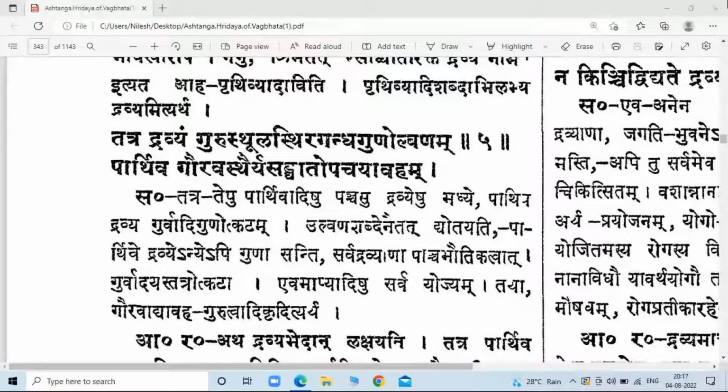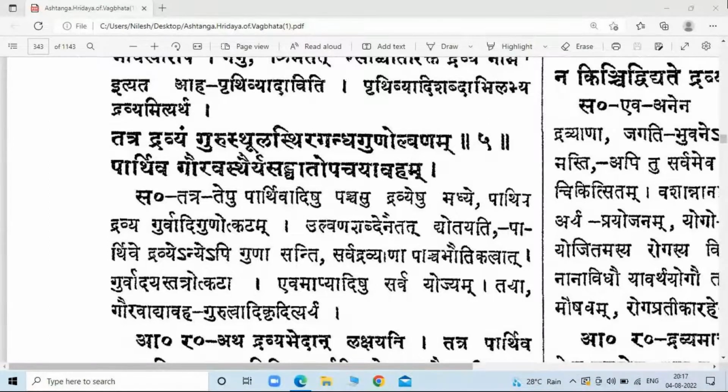There is no definition of vayu, but what is explained is how vayu is, or how pitta is, how kapha is, and that how is answered in terms of gunas only.